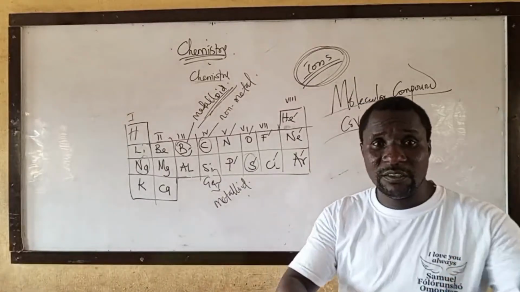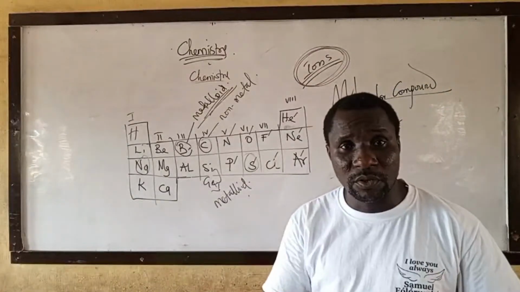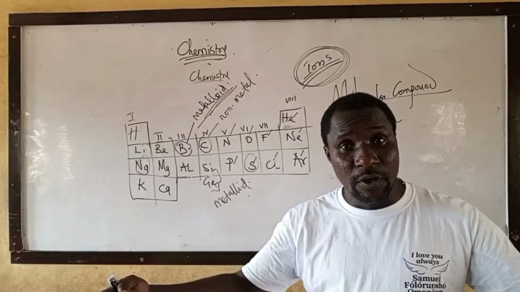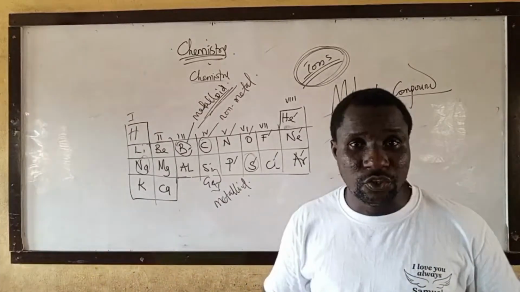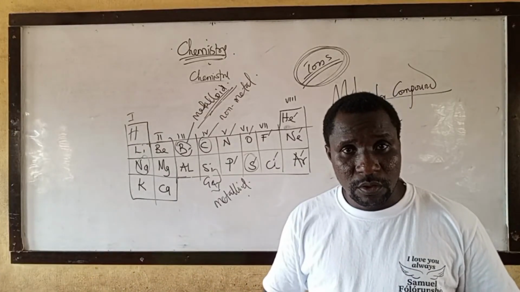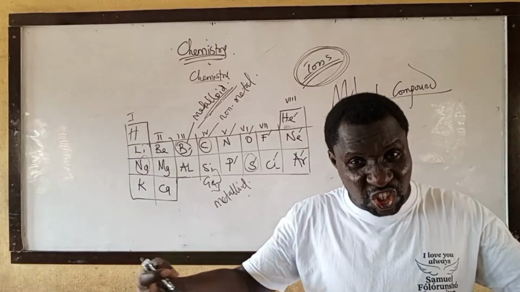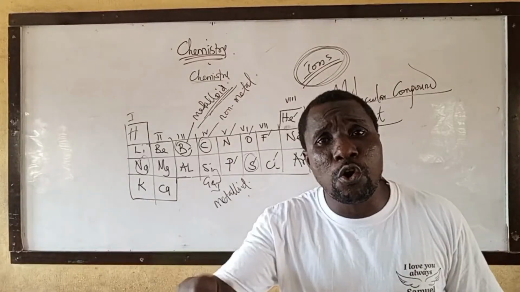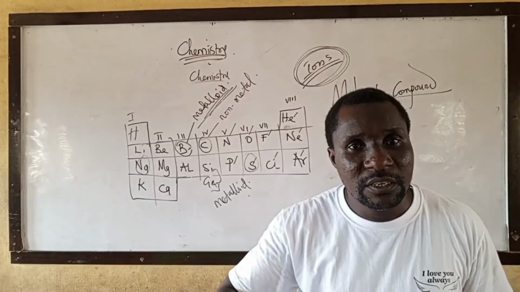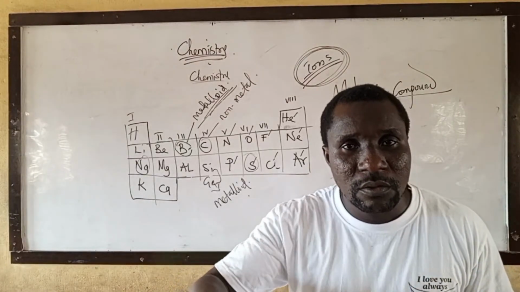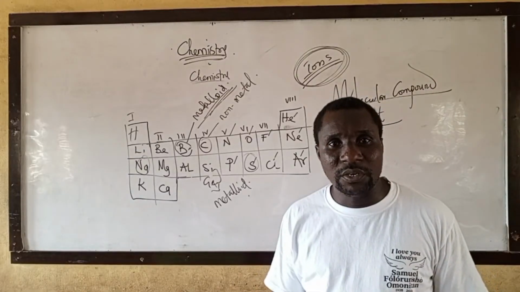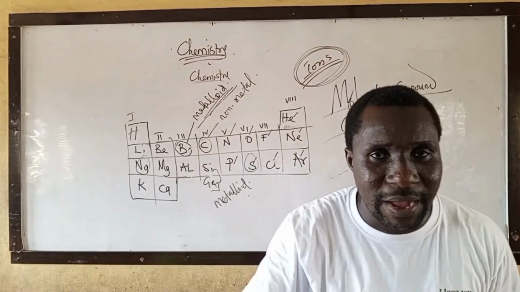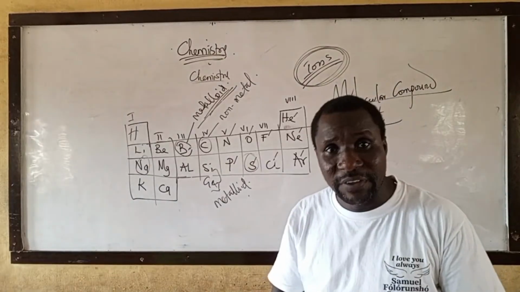What is a molecular bond or covalent bond? It's a bond that involves sharing of electrons. Take note. Then how do we know a compound that exhibits covalent bond? Very easy.